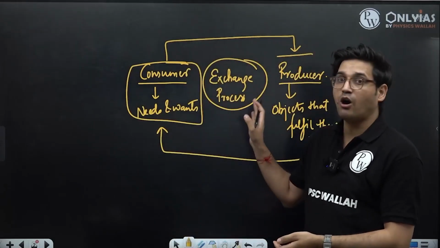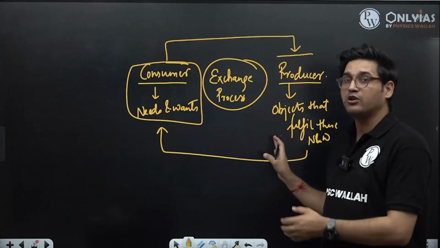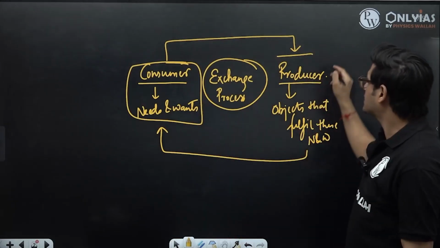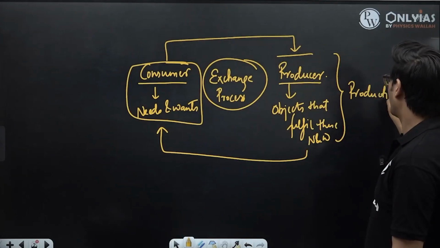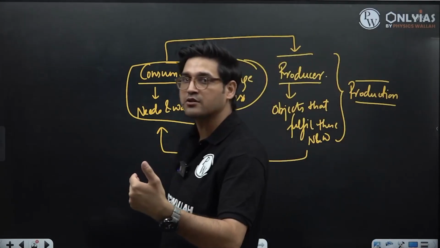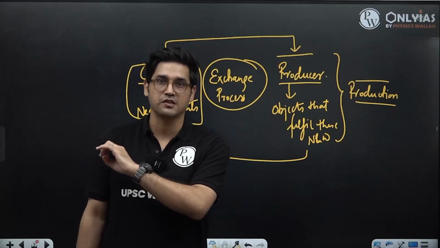The task of transforming natural resources into items that are going to fulfill these needs and wants, or items that hold utility, this task is called production. Production is the transformation of natural resources into things that hold utility for the consumers.